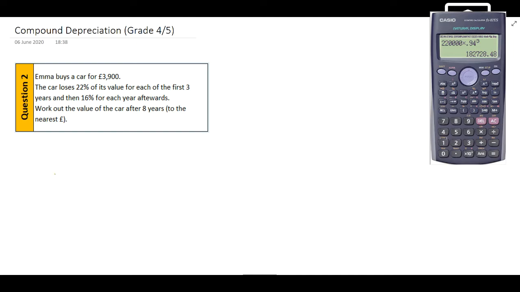So firstly, the original value of the car is 3,900, and for the first 3 years, at the end of each of those years, it's going to be worth 78% of what it was at the start, because the original 100% take away 22% is 78%.